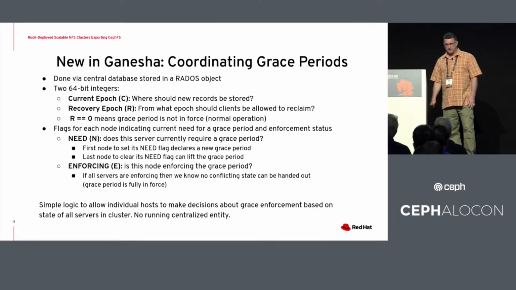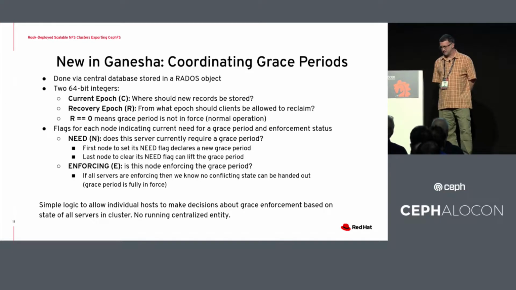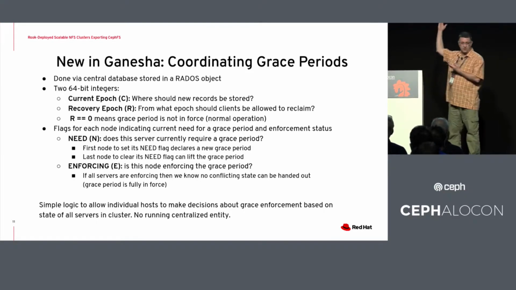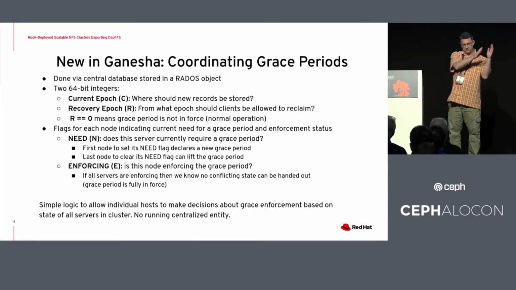We do that with a couple of 64-bit integers. One is the current epoch, the one we're in now. And then we also have one for a recovery epoch. And as we move from the grace period into the normal operation phase, we zero out the recovery epoch to indicate that we're not allowing any more reclaim.